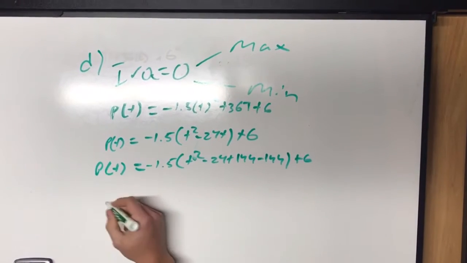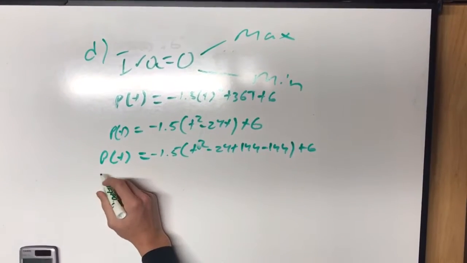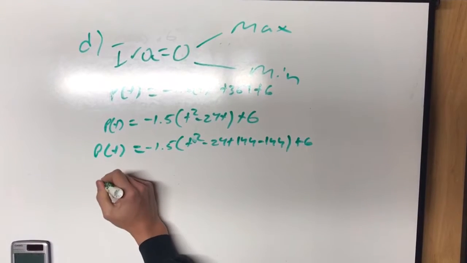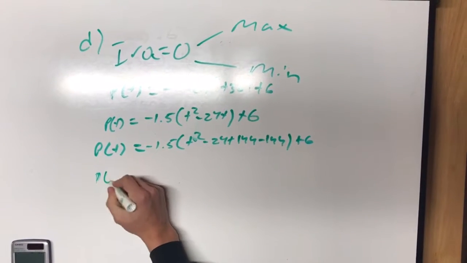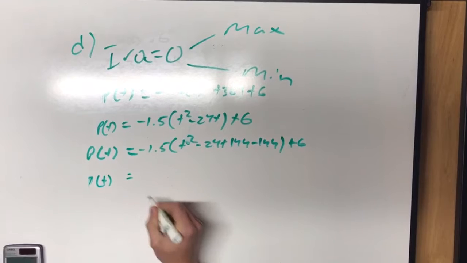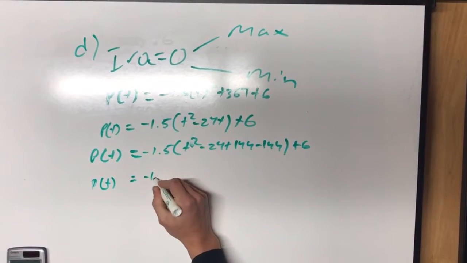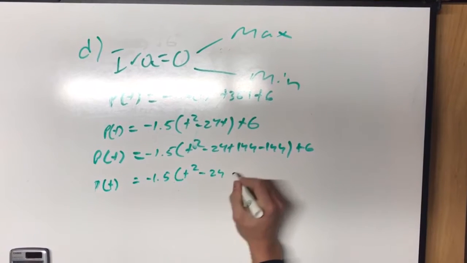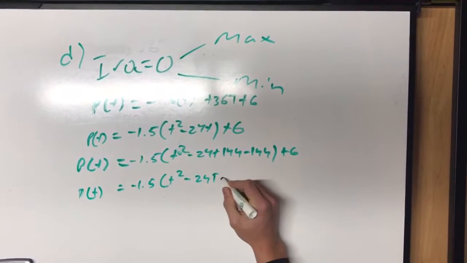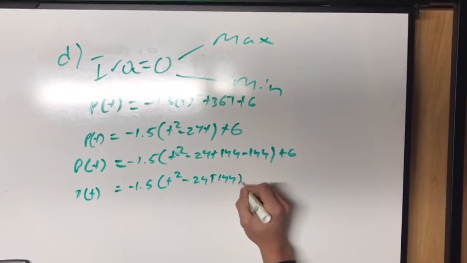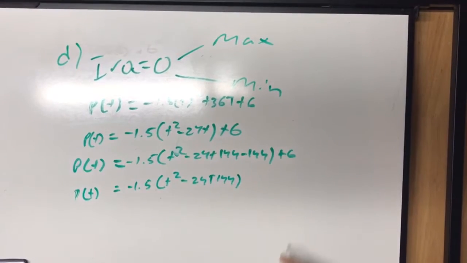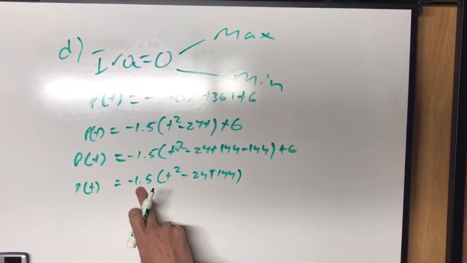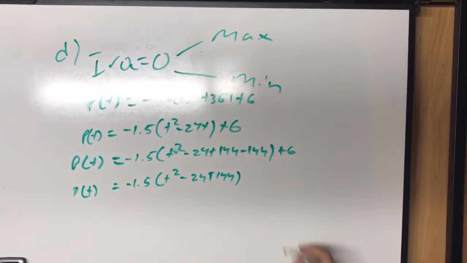Right? So now what you're going to do is P of t is equal to negative 1.5 t squared minus 24t plus 144. You're going to bring the negative 144 outside. Make sure to also multiply it by negative 1.5.